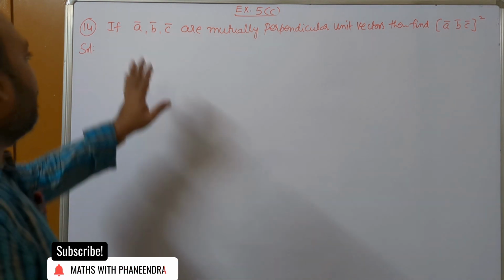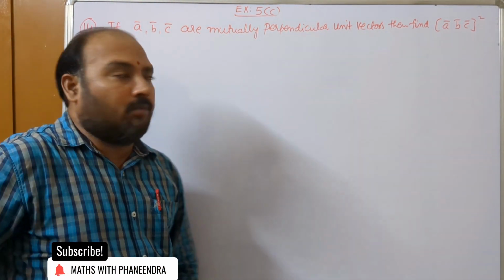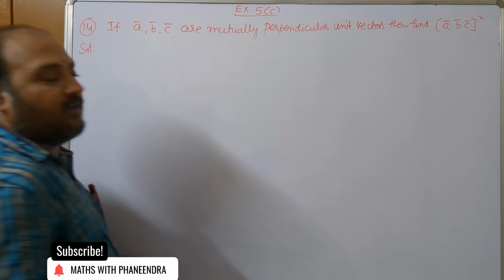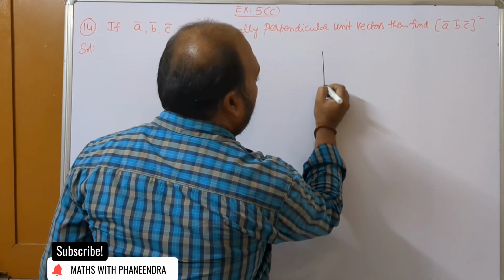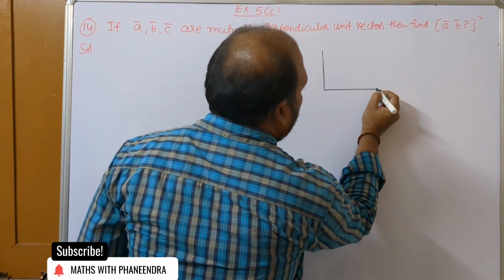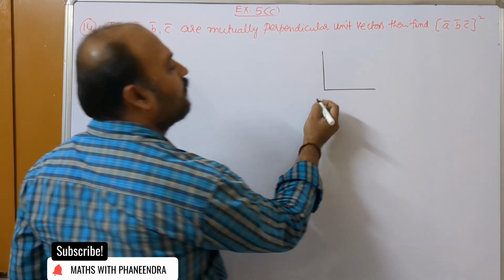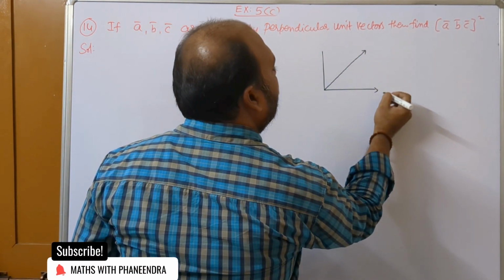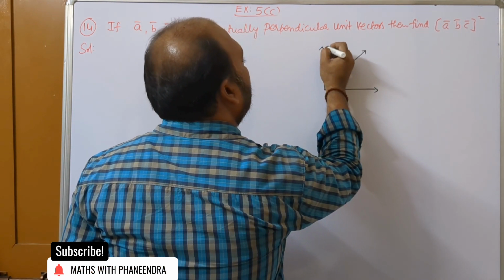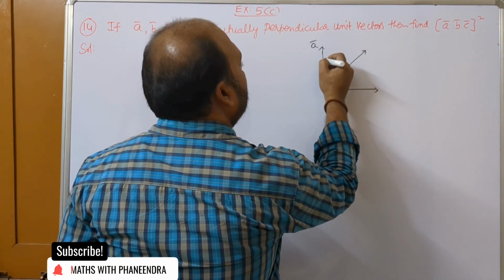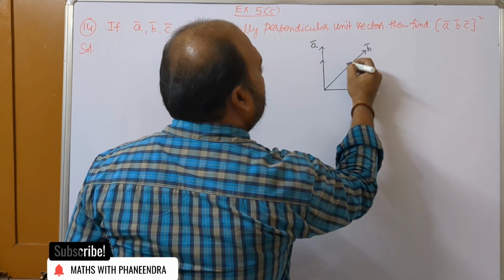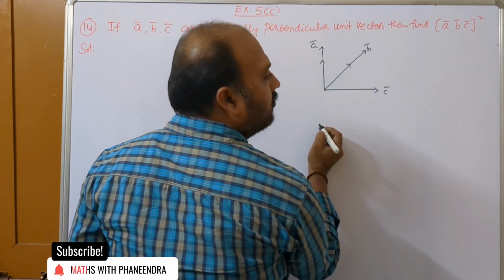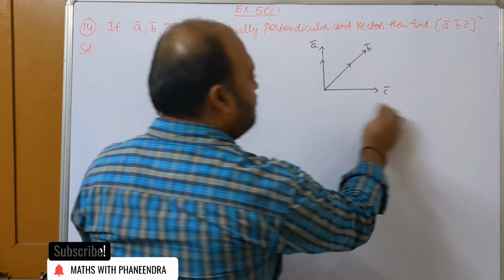See here, if A bar, B bar, C bar are mutually perpendicular unit vectors, the figure will come like this. Suppose this is the A bar vector, this is B bar, this is C bar. So B bar, C bar vectors are there.